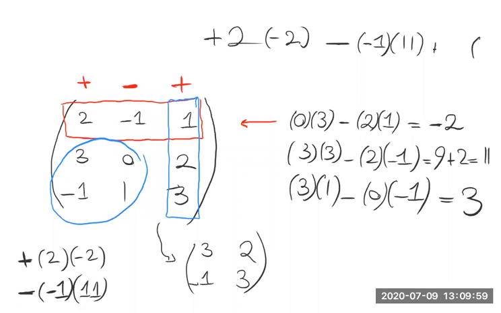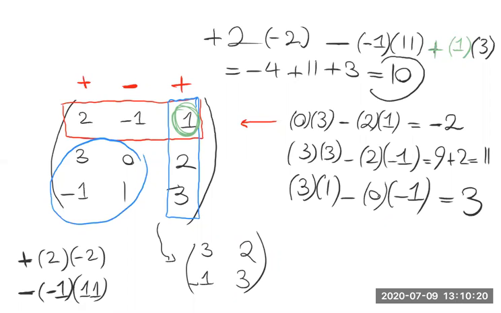I should multiply 3 by the number in the intersection, and I would have plus here because I have plus above it. What do we get? Minus 4 plus 11 plus 3, it's 10. Okay, someone already got to the answer. That is correct. The determinant of this matrix is 10.